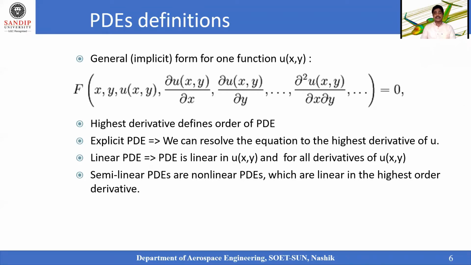For the explicit partial differential equation, we solve the equation with the highest derivative of u, that is in the direction of the fluid flow velocity. For the linear partial differential equation, we are interested only in the variables along the specified directions, x and y, but for all the derivatives of it.